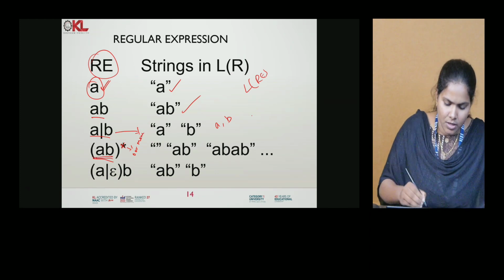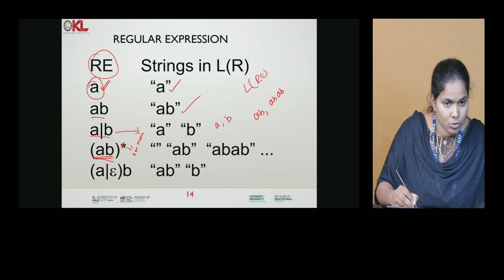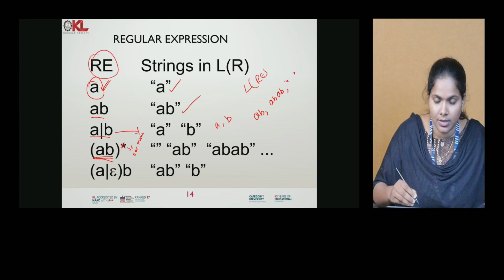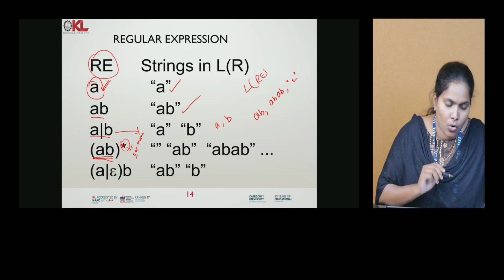So I can generate AB one time, AB 2 times. I can generate nil also. It is like epsilon, you can say, because here we are including 0 also, right?